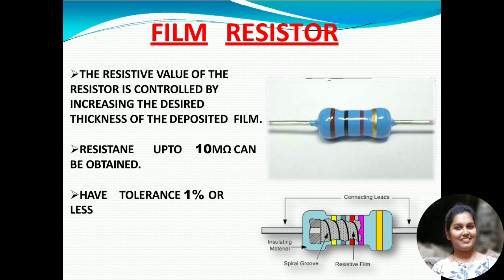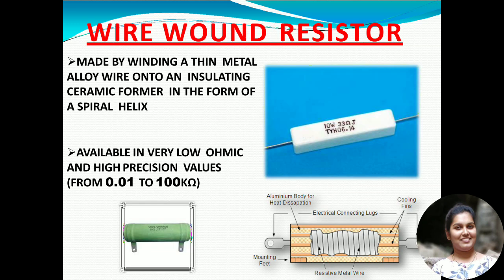This is the advantage of film resistors. Higher values of resistances can be obtained, and they have a tolerance of 1% or less. So these are the points regarding film resistors.